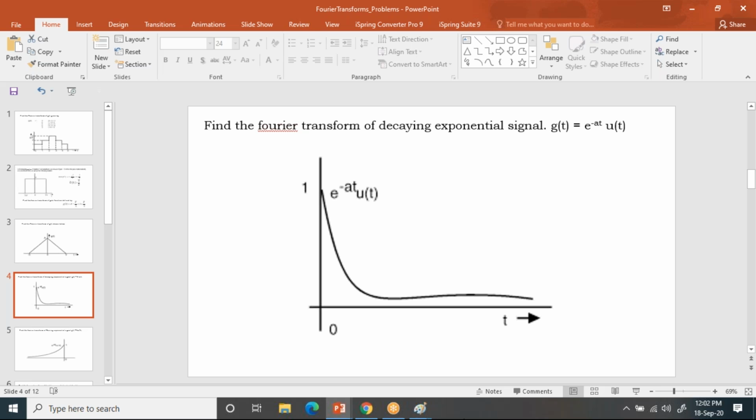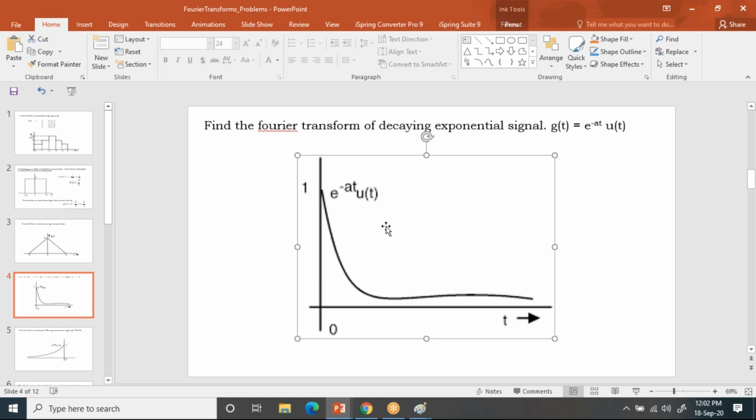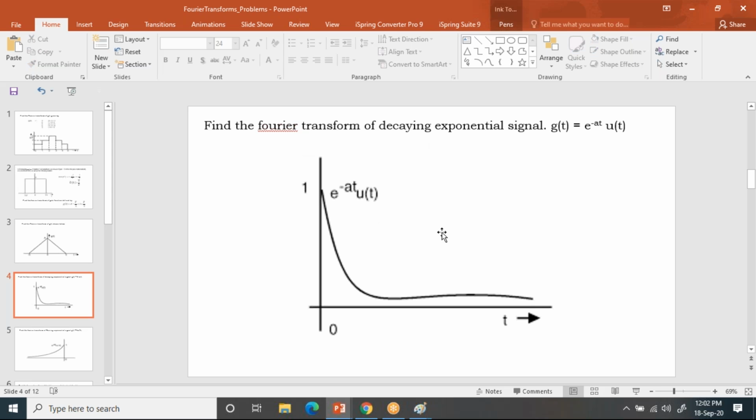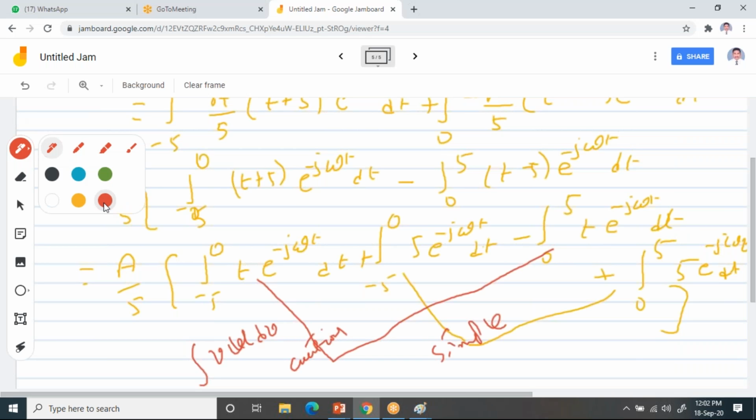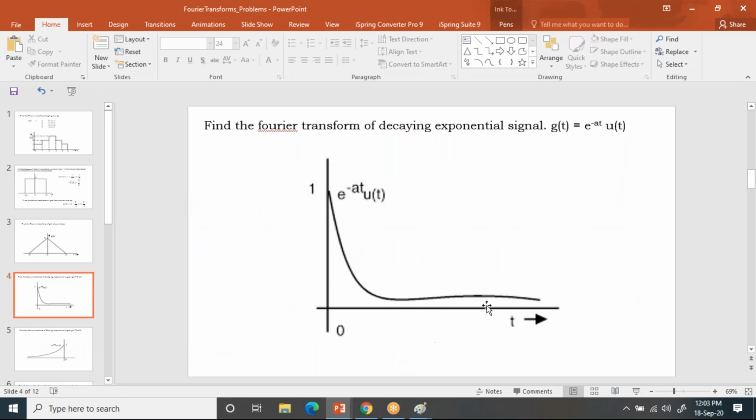When you solve this decaying exponential signal, the Fourier transform which you are going to get is, just let us see.